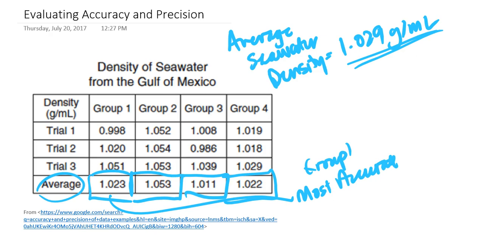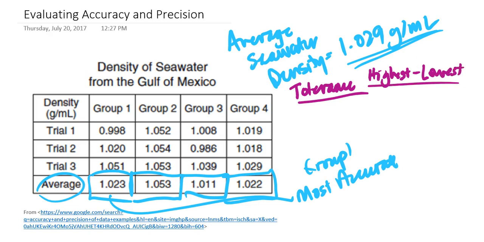But what about precision? How are we going to take a look at the precision? One way to do that is to calculate something called a tolerance. We take the highest value, subtract from it the lowest value of the data set, and divide by 2.